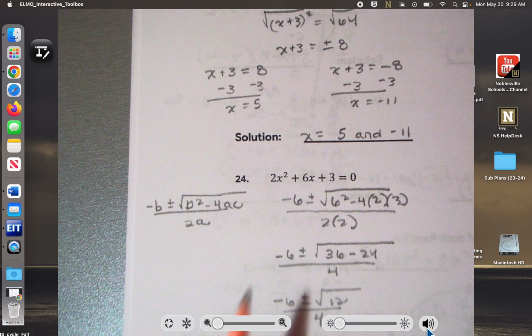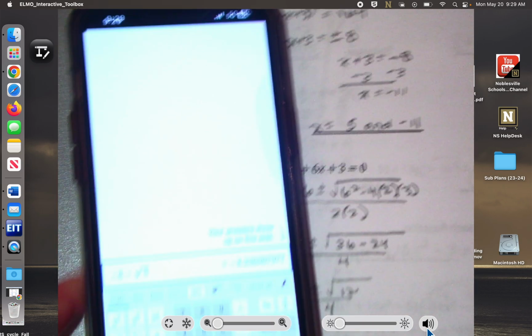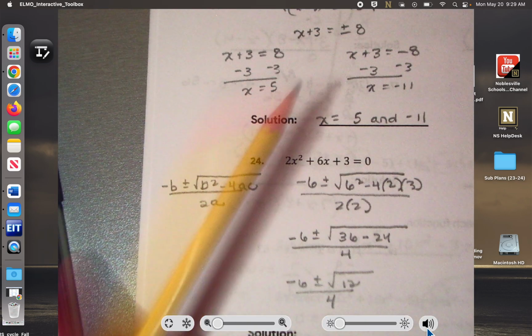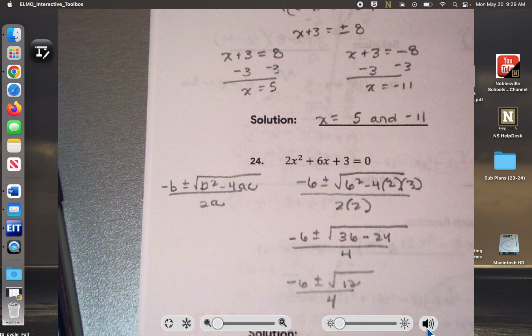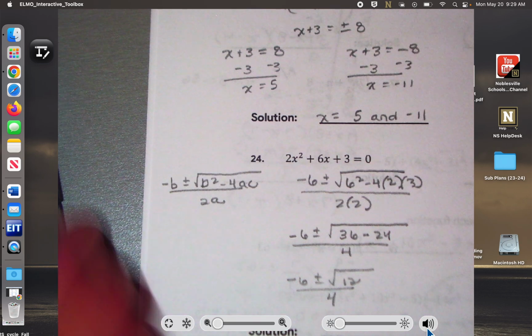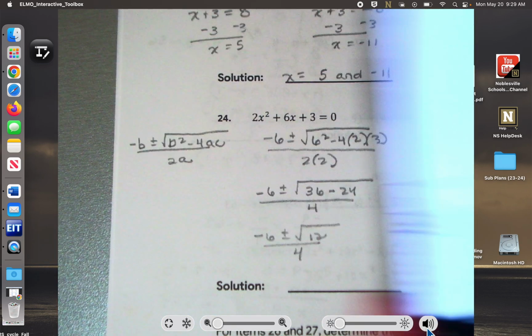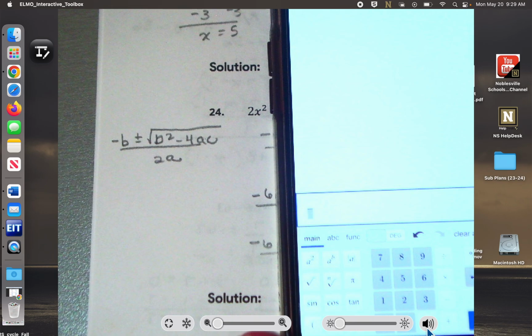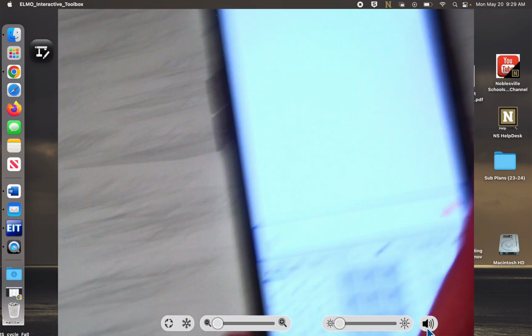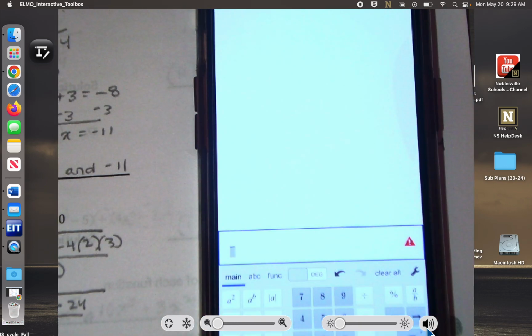If you wanted to put it into the calculator to get the decimal values, you can do that as well. I'm going to start out as a fraction. Remember, if you want to put this into your calculator, you need to start out with a fraction so that you can have everything in the numerator.